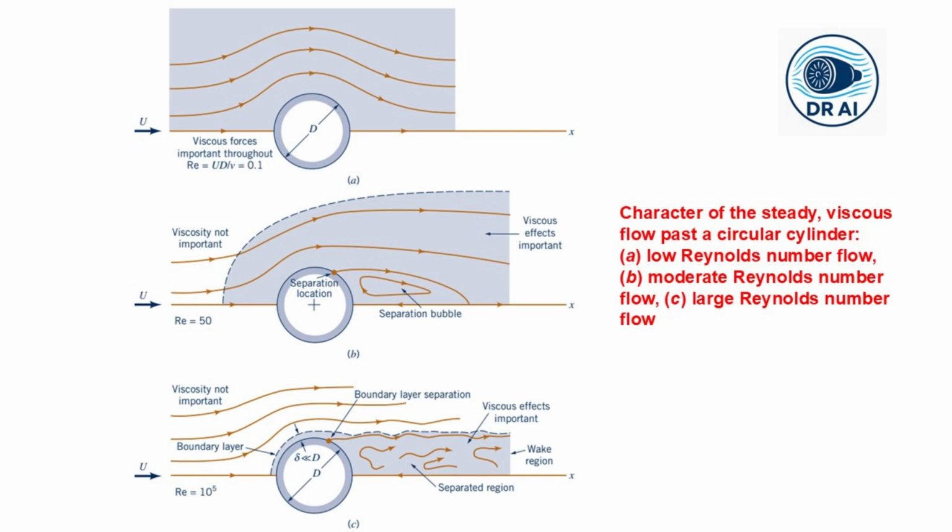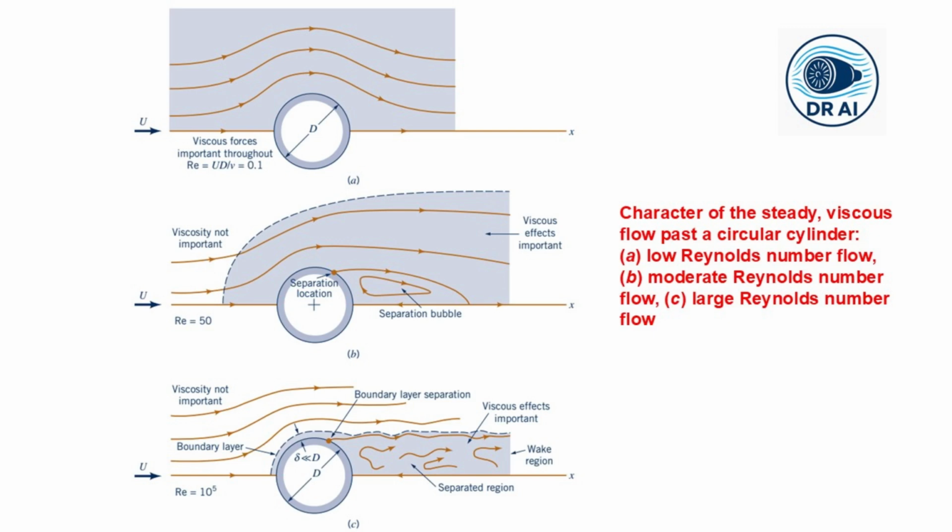Within this boundary layer, the flow can be laminar, smooth and orderly, or it can be turbulent, chaotic with intense mixing. The transition depends upon the Reynolds number based on the distance from the leading edge, typically occurring around Re_x equals 5 multiplied by 10 to the power 5.